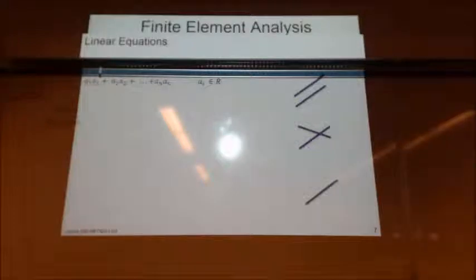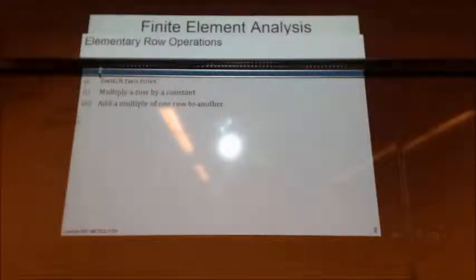Excellent. So we have some row operations that we can work with that'll help us deal with our system of linear equations.